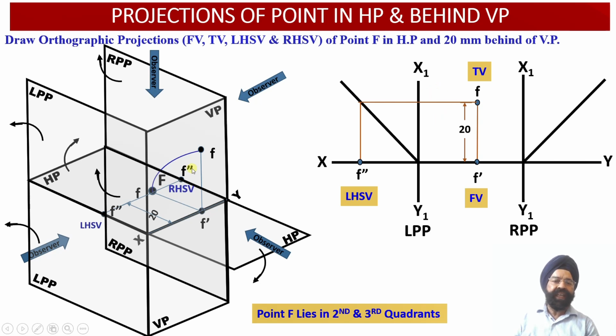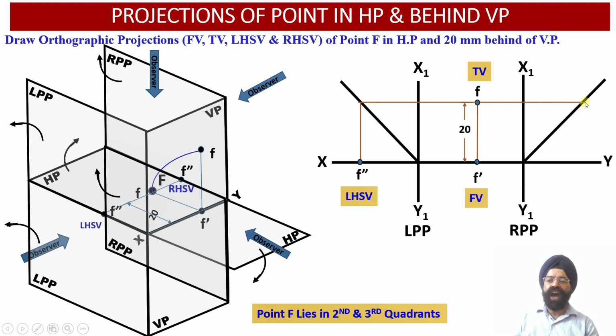Once again, this distance of 20 millimeter from the vertical plane needs to be transferred onto this right profile plane. It should be this distance over here. So once again we are going to obtain one horizontal projector line through this plan projection point F, and extend this horizontal projector line till it intersects with this right side transfer line.